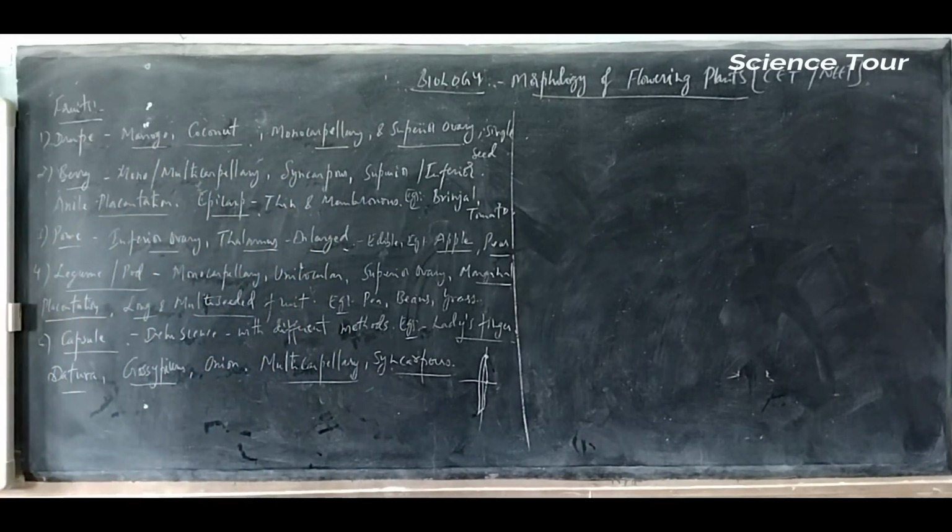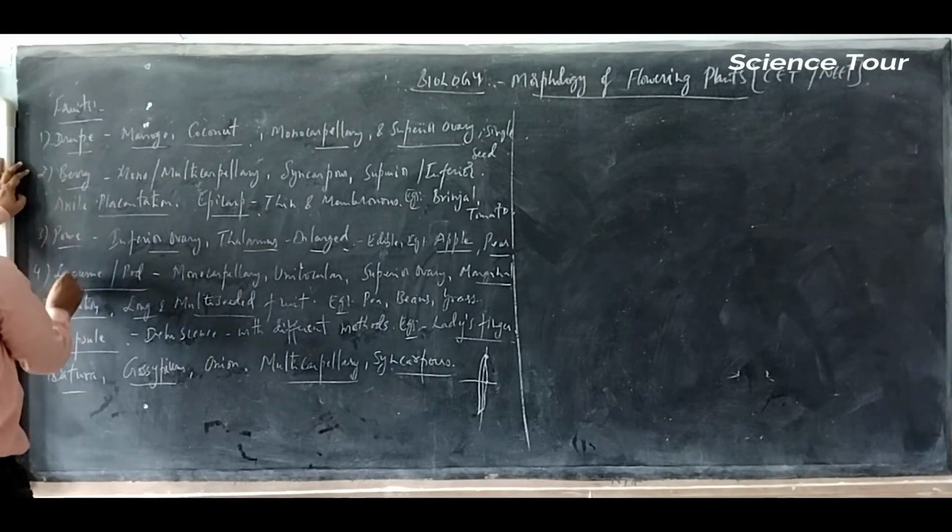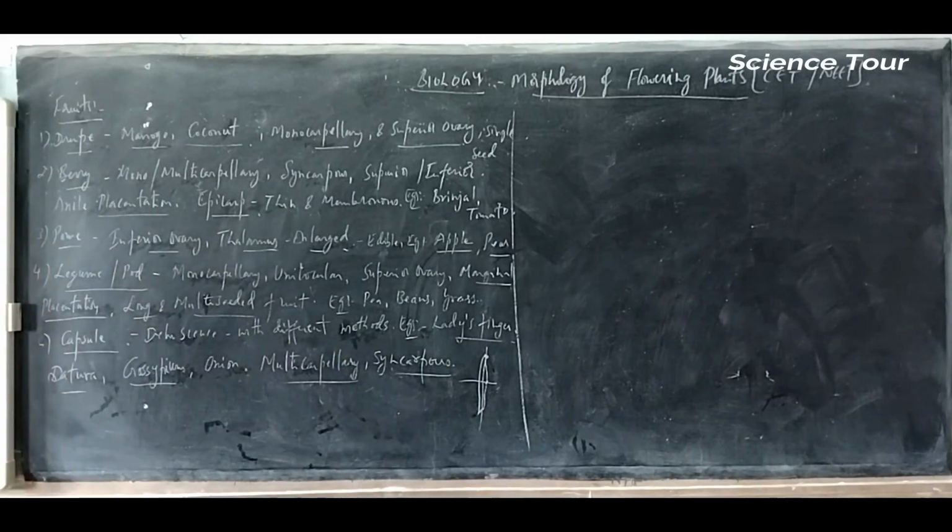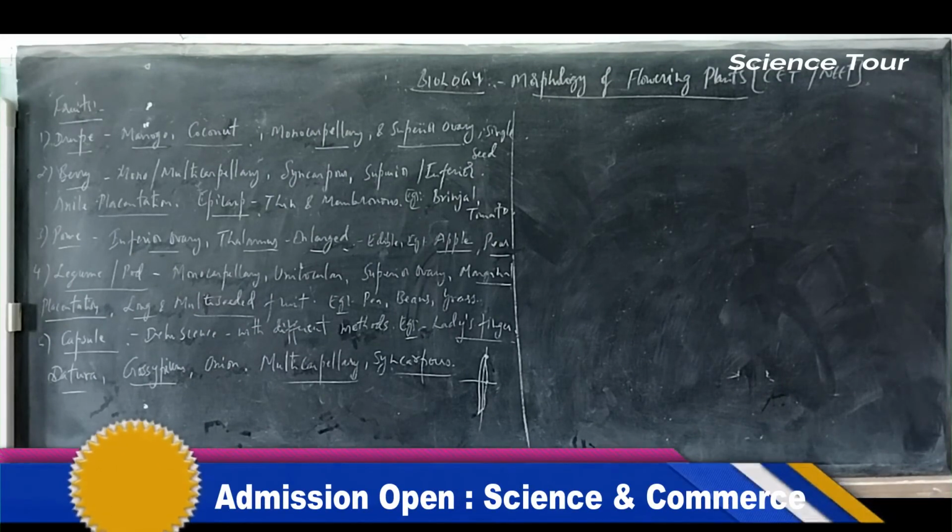So these are the different kinds of fruits, that is drupe, berry, pome, legume and capsule, as mentioned in the NCERT. Pome is actually there in the second PUC, but just for extra information I told about the fruit pome.